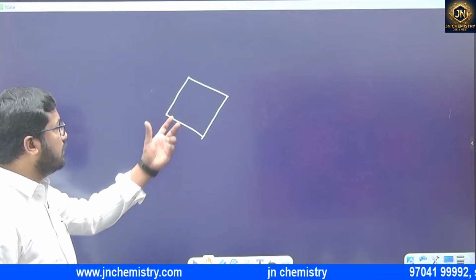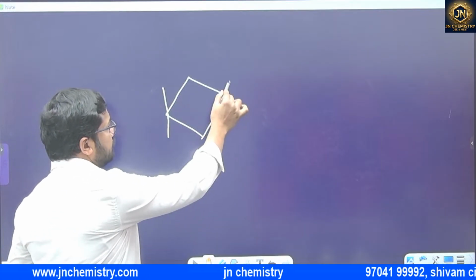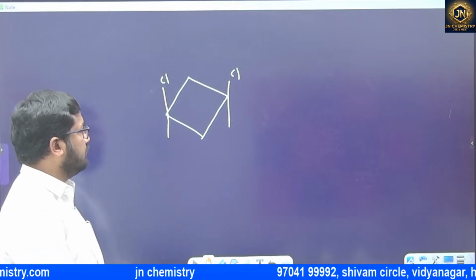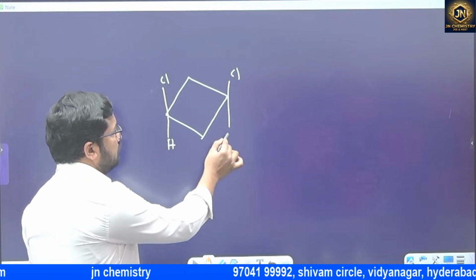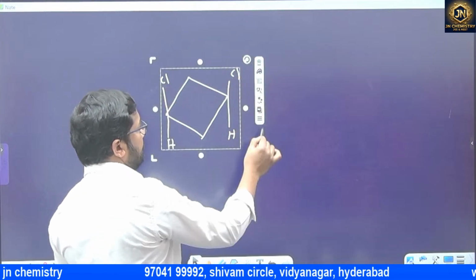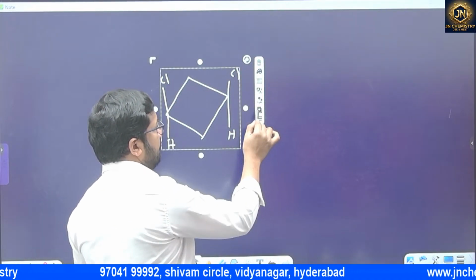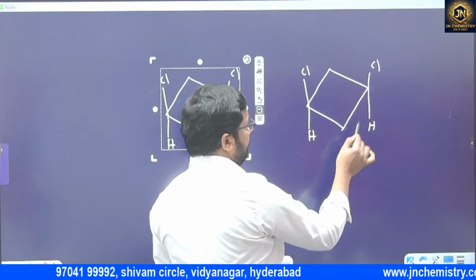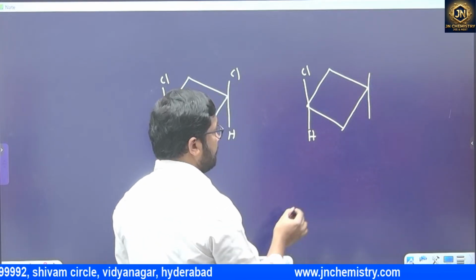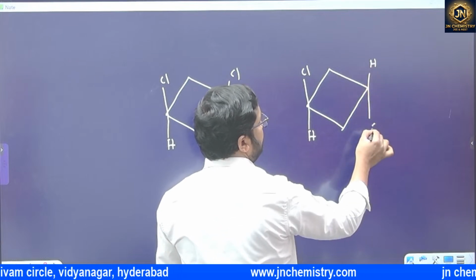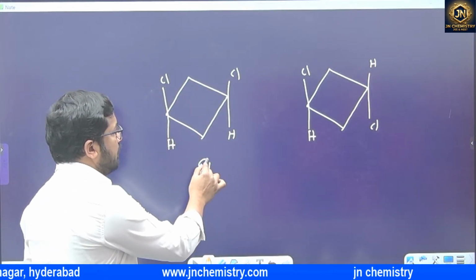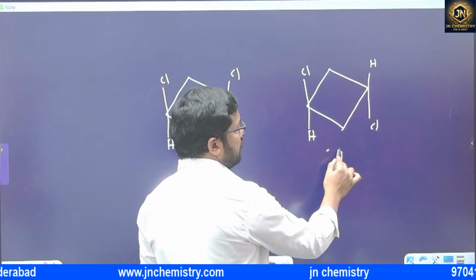For example, the compound is like this: Cl, Cl, H. Obviously, this is cis. This is trans.